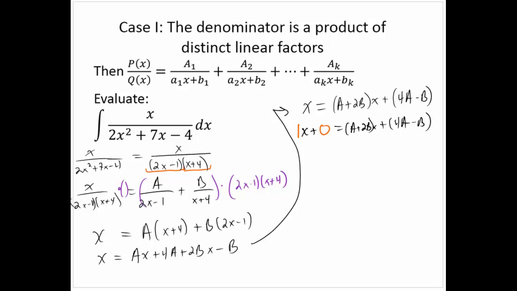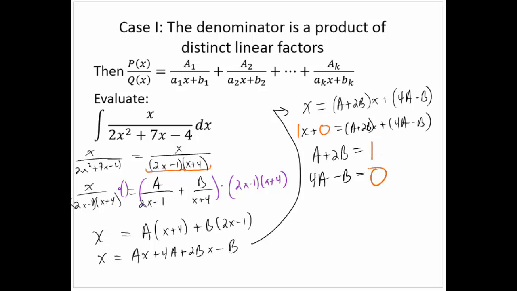And so now, if the left-hand side and the right-hand side are equal, then I must be able to write that a plus 2b equals 1, and that 4a minus b equals 0.